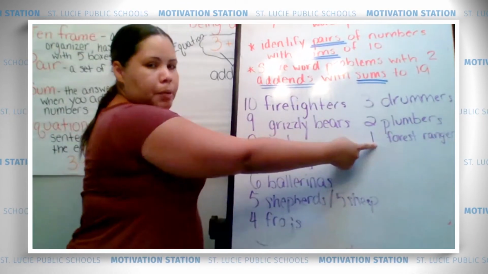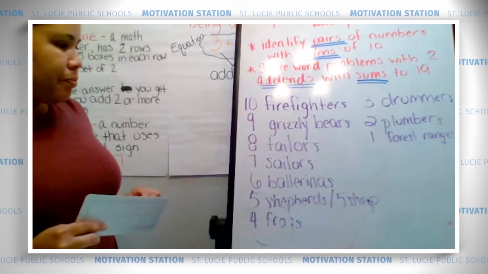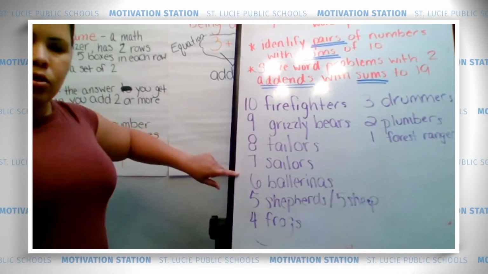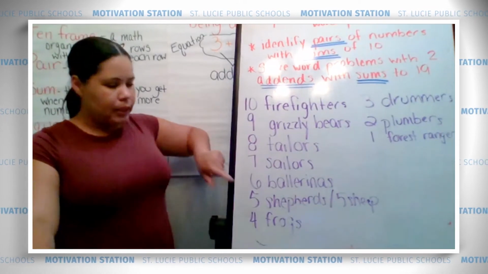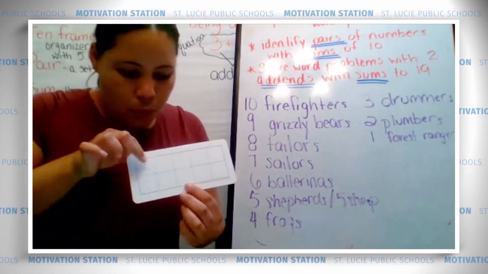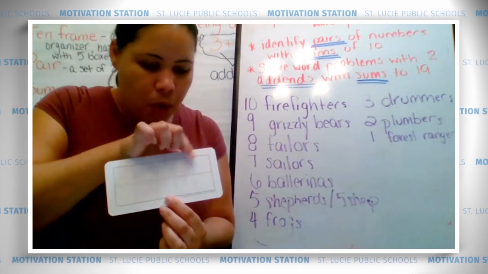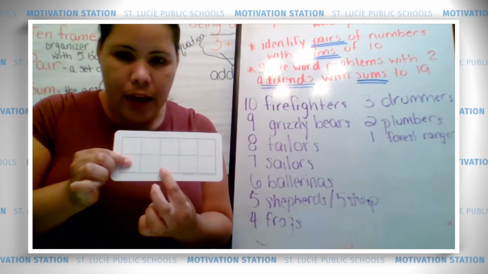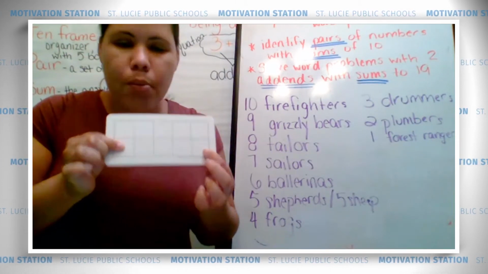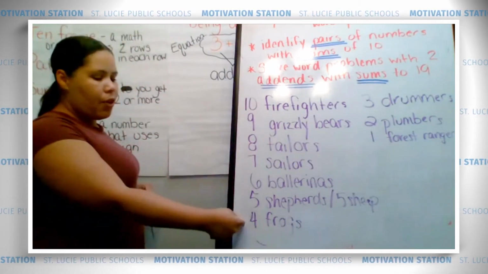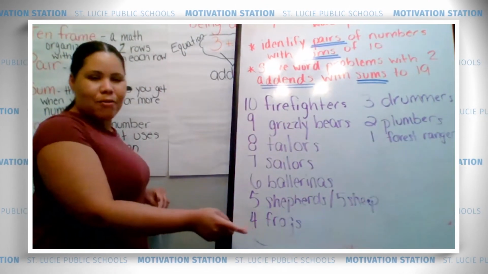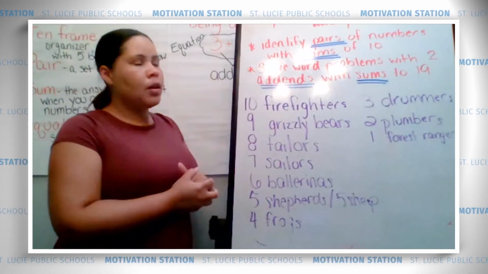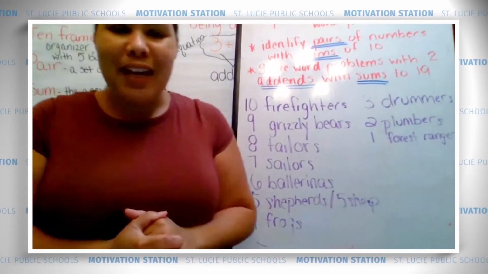And that 1 space belongs to our forest ranger. Let's choose 6. Do you remember who paired up with the 6 ballerinas? 1, 2, 3, 4, 5, 6 places me right here, and I have 1, 2, 3, 4 more spaces left, and those 4 spaces were left for our frogs. So these were our pairs that helped us add up to sums of 10.